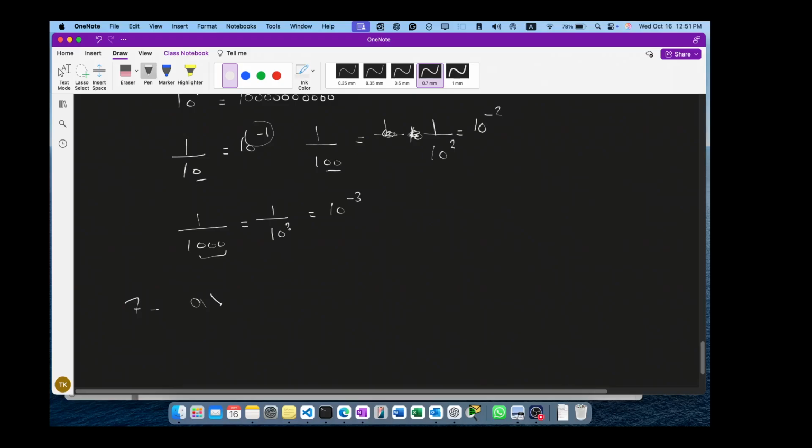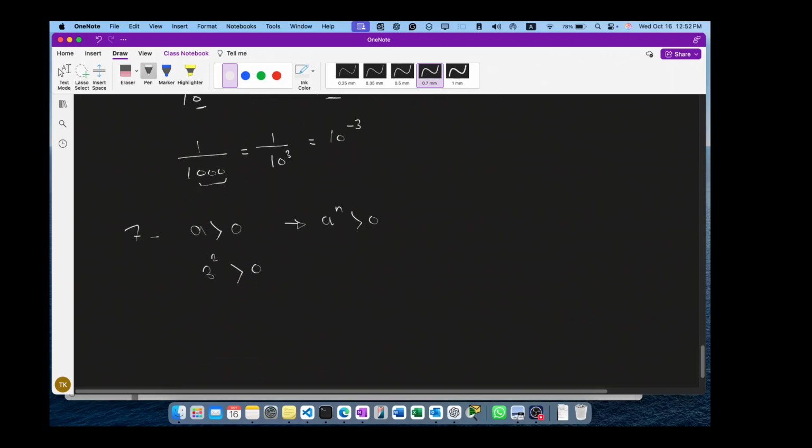If a is greater than 0, then a power n is bigger than 0. Give me any number bigger than 0, for example 3. So 3 power 2, or 3 power 1, or 3 power 0, or 3 power any number, will definitely be bigger than 0. 4 is bigger than 0, yes.